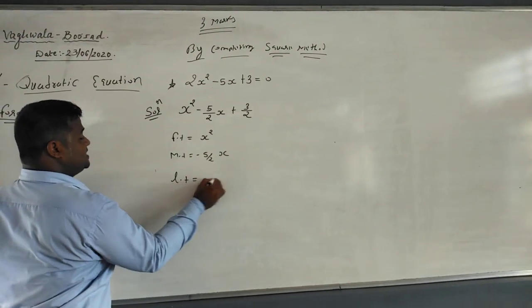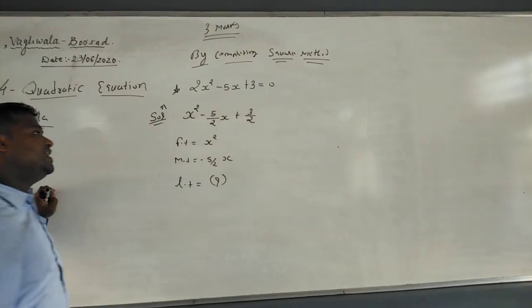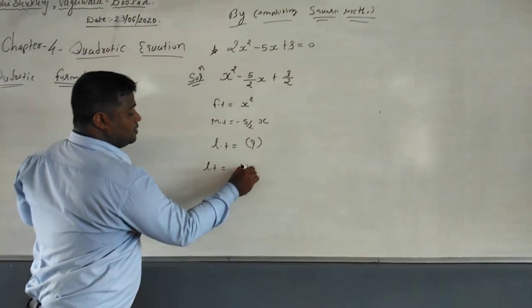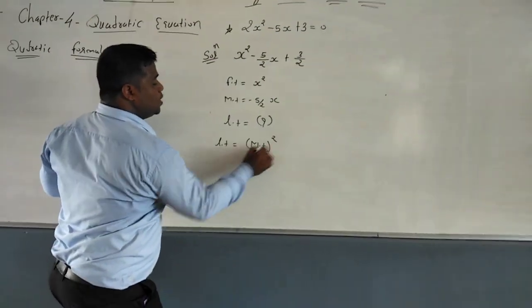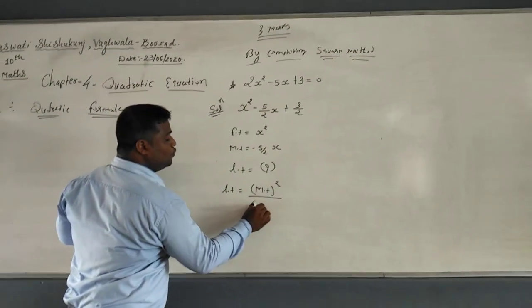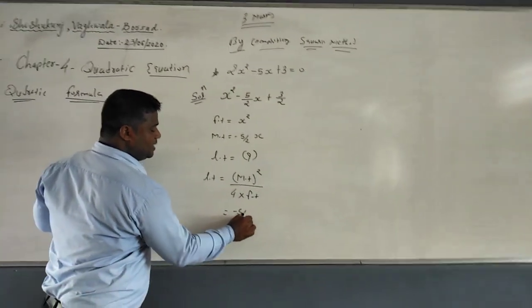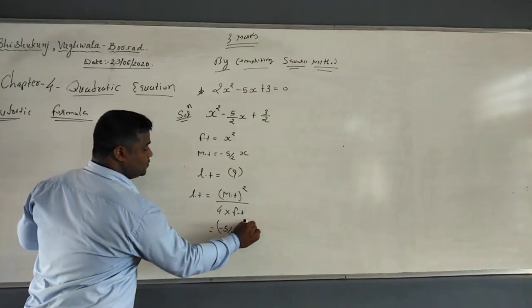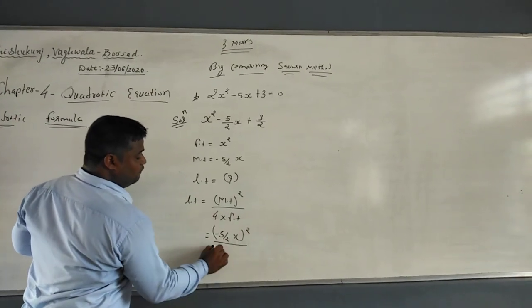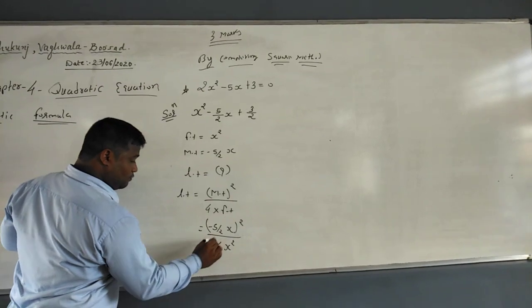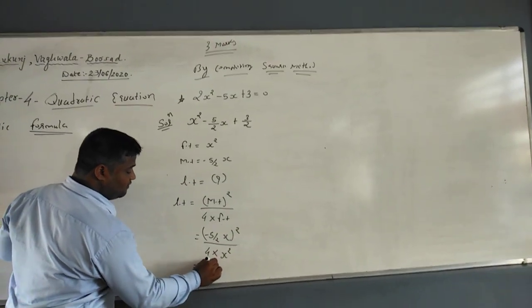We want a perfect square trinomial. That's why we are going to find the LT. And the LT formula is MT square upon 4 into FT. MT is simply 5 by 2 x, squared, in the denominator 4 into FT. FT is what? That is your x square. What is 5 square? 25.